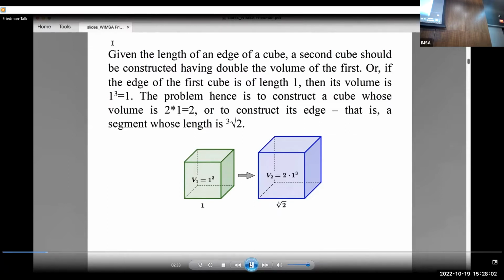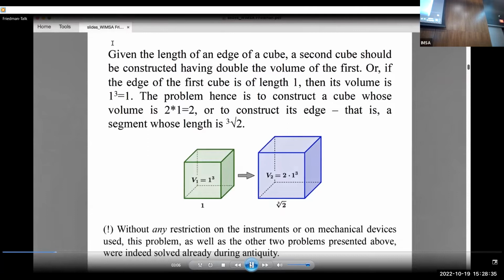The problem, hence, is to construct a cube whose volume is 2 times 1, which is 2, or to construct its edge, that is, a segment whose length is the cube root of 2. However, if the edge of the first cube is not given, the problem is equivalent to constructing another segment such that the ratio between the segments is the cube root of 2. As already noted, the task of constructing these segments should be achieved only with straight edge and compass.